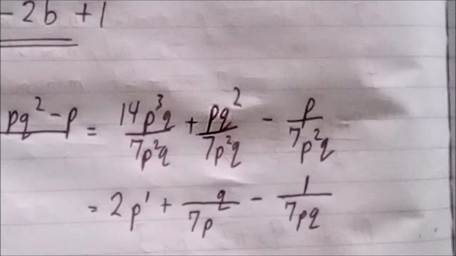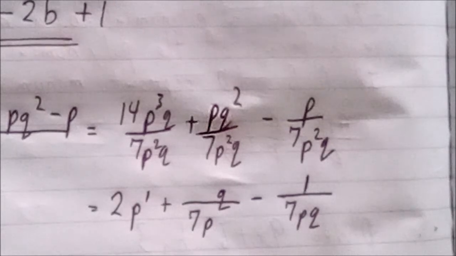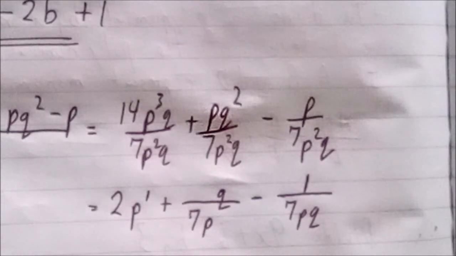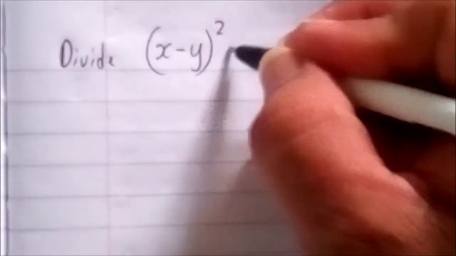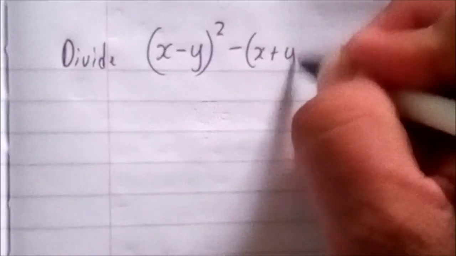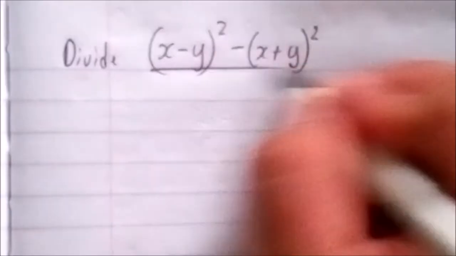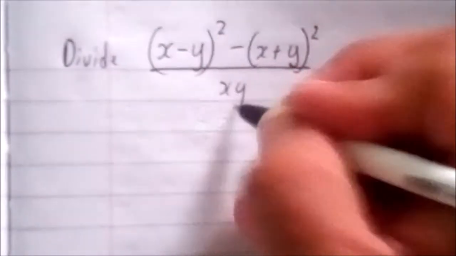Okay, now let's go to some problems where we start to get a little more complicated. And so we see this problem here. I have it zoomed as much as possible so some people could see it. So we say here, divide x minus y, bracket squared, minus x plus y squared, over xy.